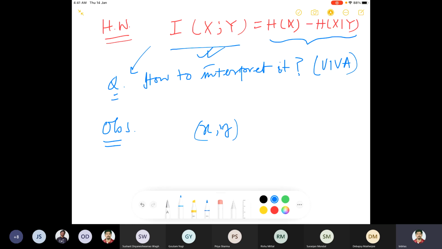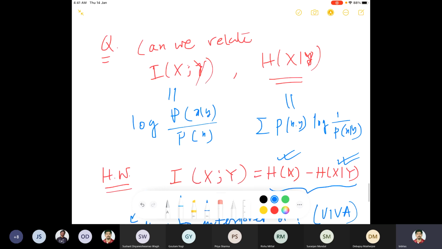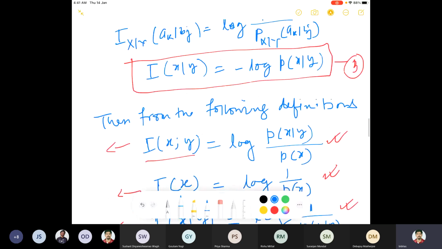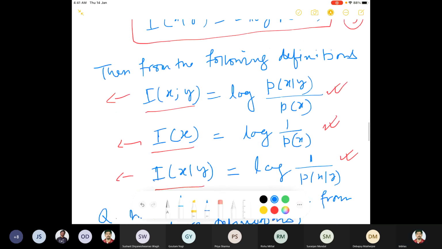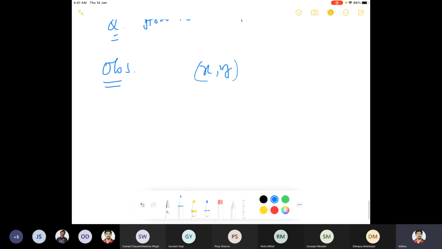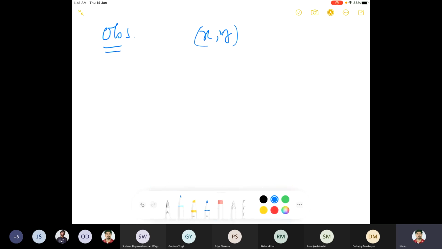Self information I(x) was defined for a random variable, and if you know the probability distribution, you can define self-information about x. Now here, I'm talking about self-information of a pair x and y.